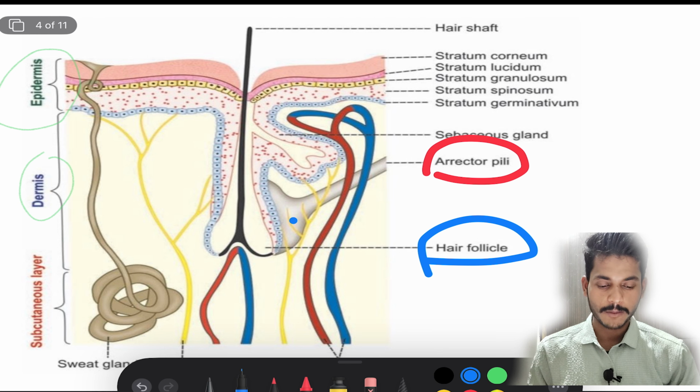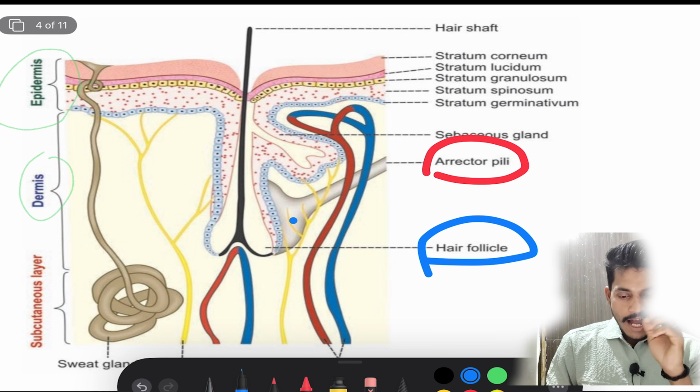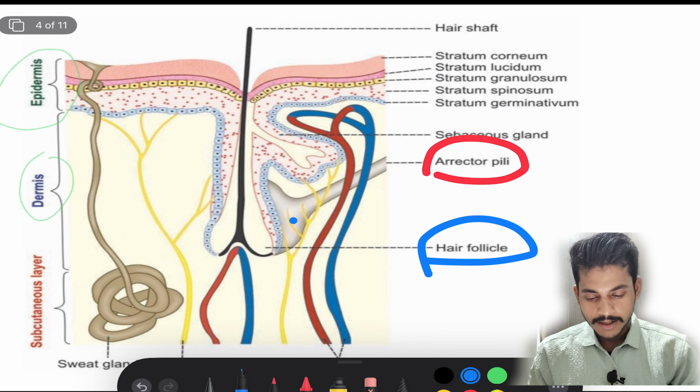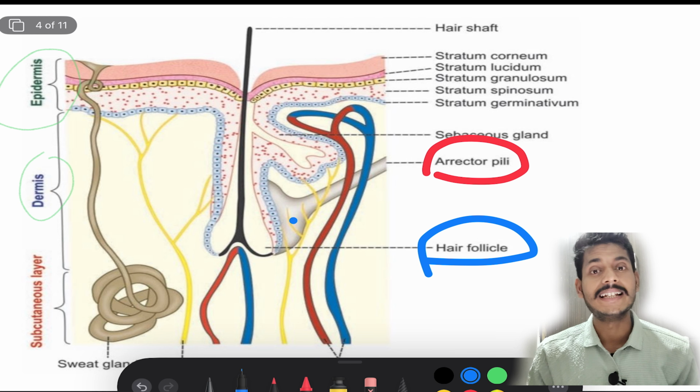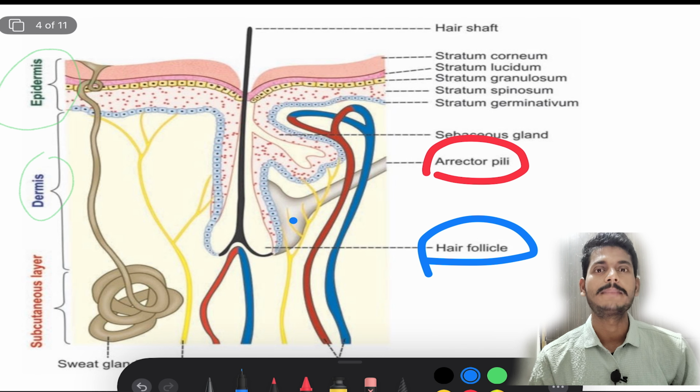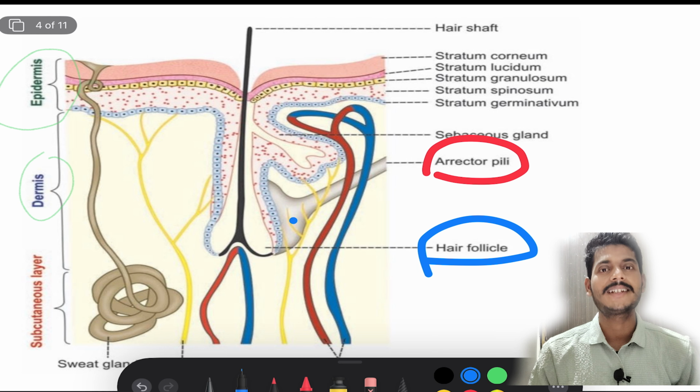Got the points? No problem. Now, apart from the epidermis and dermis, there is the presence of the subcutaneous layer. This subcutaneous layer basically consists of muscles, and it possesses one gland which is meant for secreting sweat, called the sweat gland.